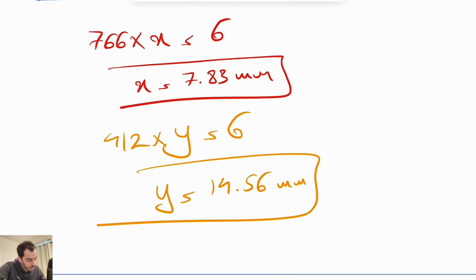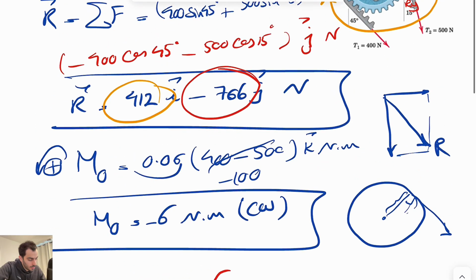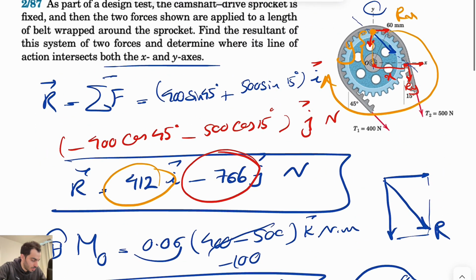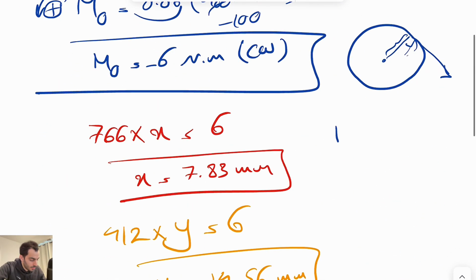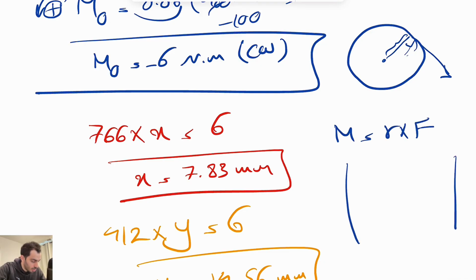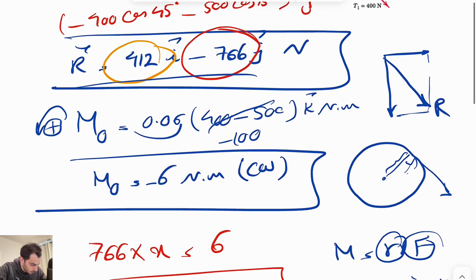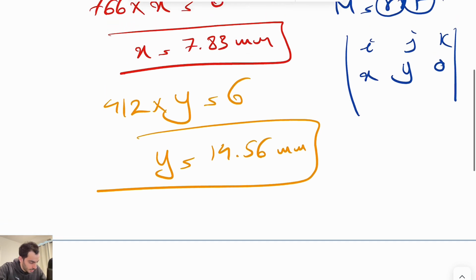The other way you can find this is by going with the moment r cross F, and you're going to have that determinant i, j, k. Your r would be x and y as variables, there's no k, and your F is what you found for R: 412 and negative 766, and the moment is going to be equal to negative 6.